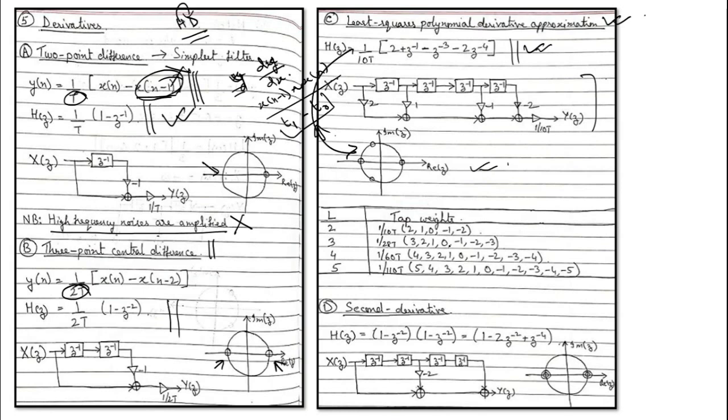Okay. Now again, just like in the least square polynomial smoothing approximation, over here also we have some tap weights, and these tap weights are basically the length of the filter. So it will give you the length of the filter. But the interesting thing, if you see, the central point over here is 0. Okay. And another important thing is that the left hand parts, they are positive, and the right hand parts, they are negative.